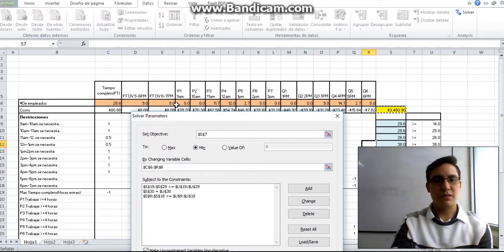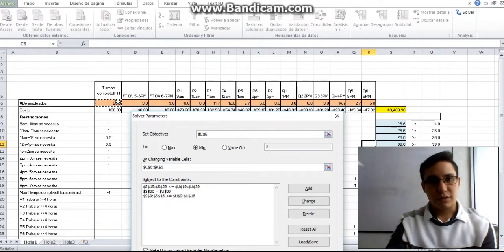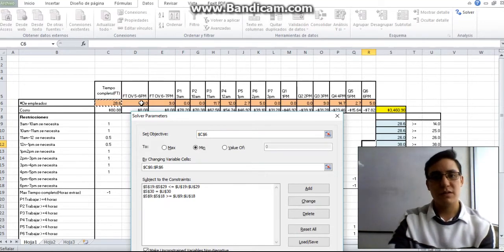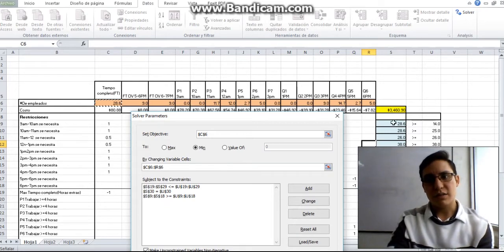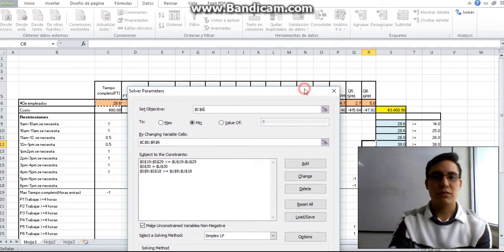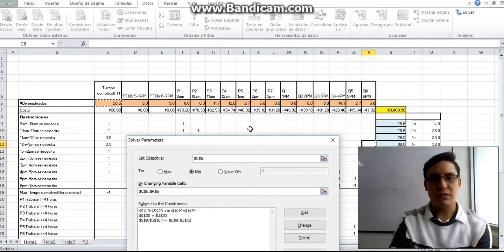This is the changing variable cells. These values are not in the exercise; I find these values. Subject to the constraints. What constraints? This constraint.